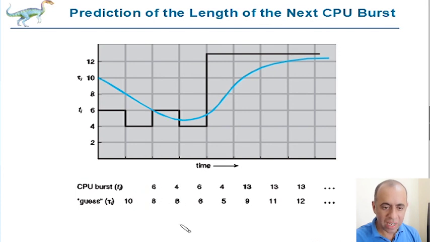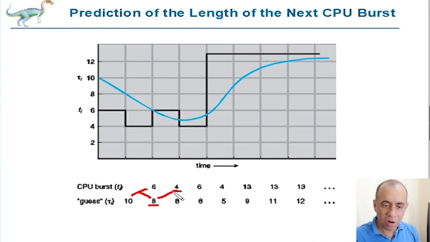So the average of 10 and 6 is 8. Similarly, we noted down the guess for the next CPU burst to be 8. And we simply blindly sent the process into the CPU, and we measured the time using a stopwatch, and we saw that the process took 4 time units.